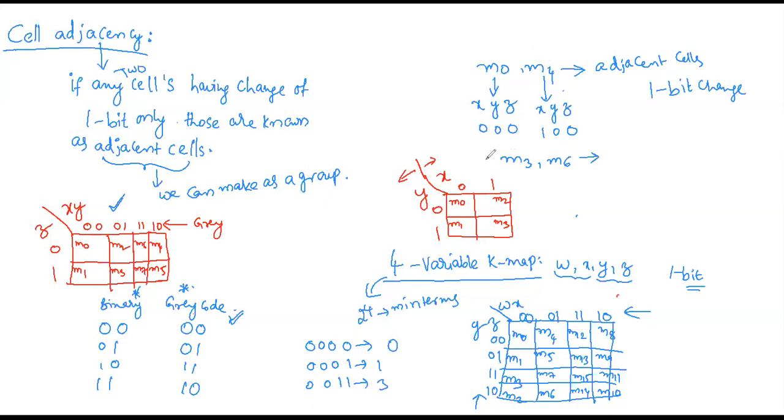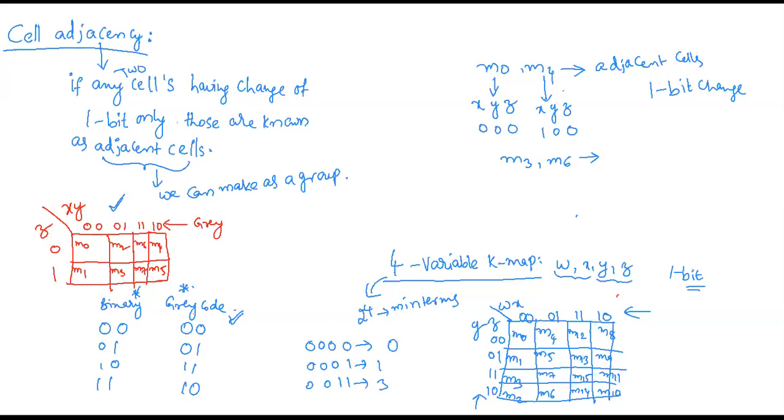These two are adjacent cells or not in three variable K-map? Anyone post the answer.